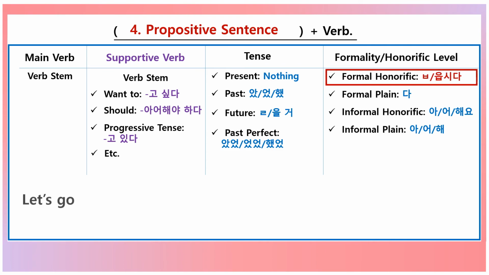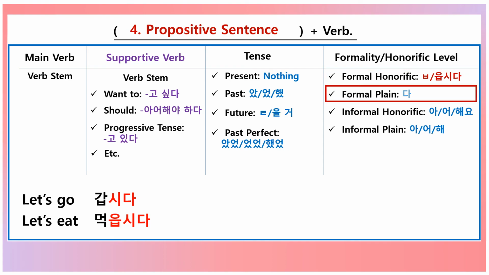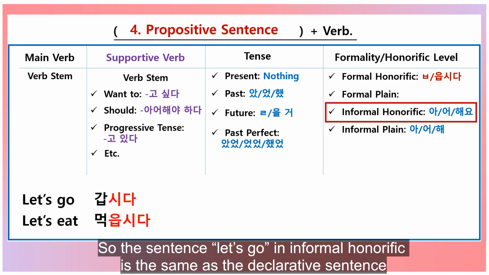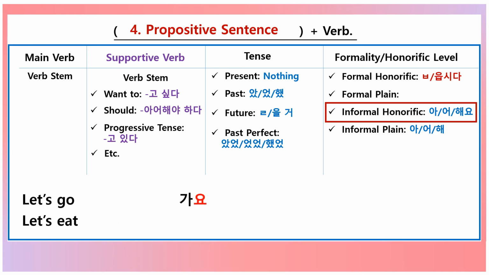So "let's go" is 갑시다 and "let's eat" is 먹읍시다. And this formal plain is empty here. And the informal honorific remains the same. So the sentence "let's go" in informal honorific is just the same as the declarative sentence, like 가요. And "let's eat" is 먹어요.